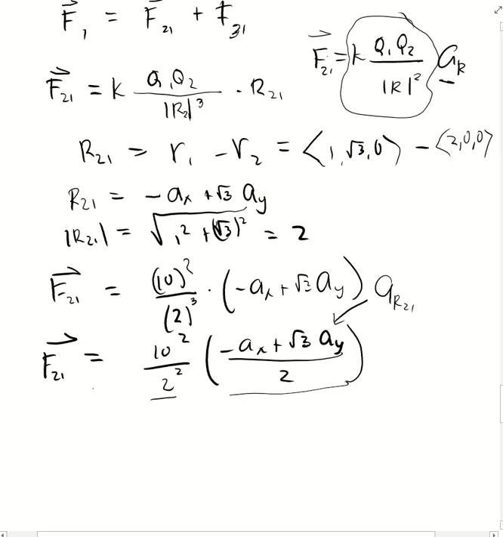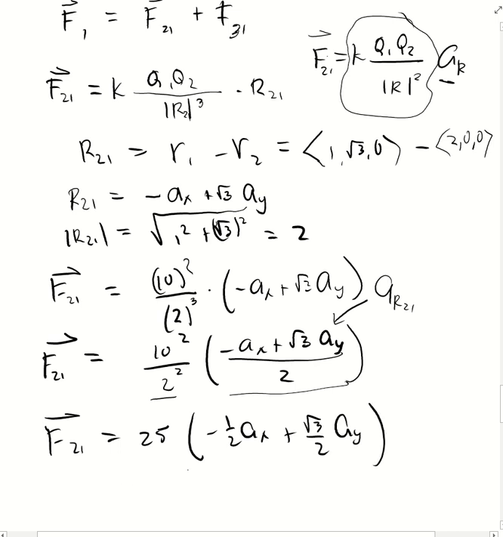So if we want to determine the magnitude, before we do that, F21 is 10 squared over 2 squared. So 10 divided by 2 is 5. 5 squared is 25. So this is 25. Then you multiply it with negative 1 half AX plus the square root of 3 over 2 AY.